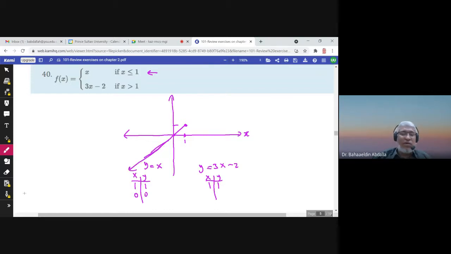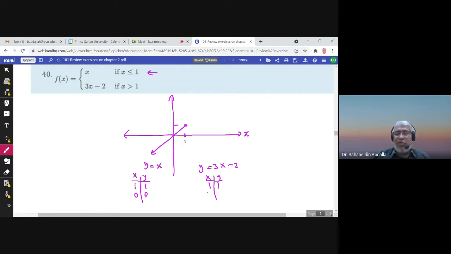This is the graph of y equals x. Let me do it in a better way. Of course, you graph it here in this region, to the left of 1. So you do not continue the graph to the right of 1 because to the right of 1 we have another function.